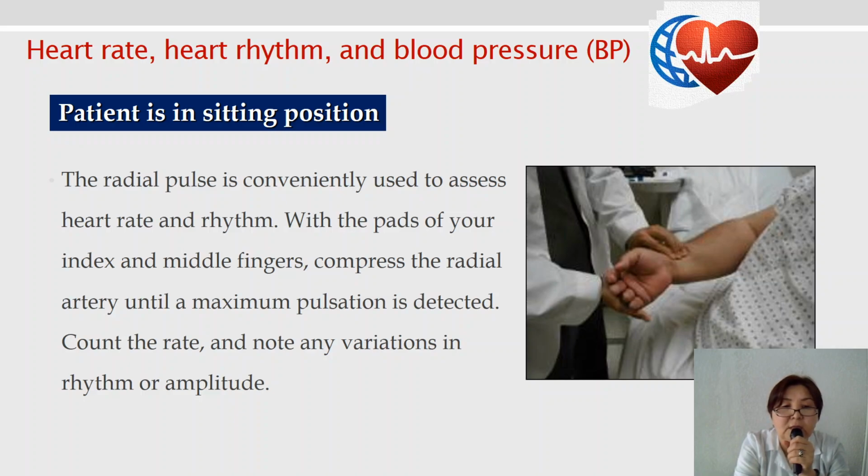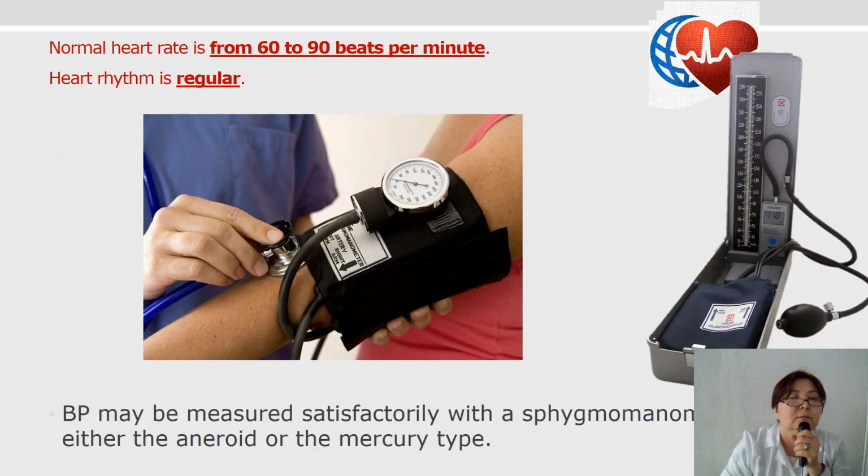Count the rate and note any variation in rhythm or amplitude. Normal heart rate is from 60 to 90 beats per minute. It means that the heart rate should equal the pulse rate. Heart rhythm normally is regular.